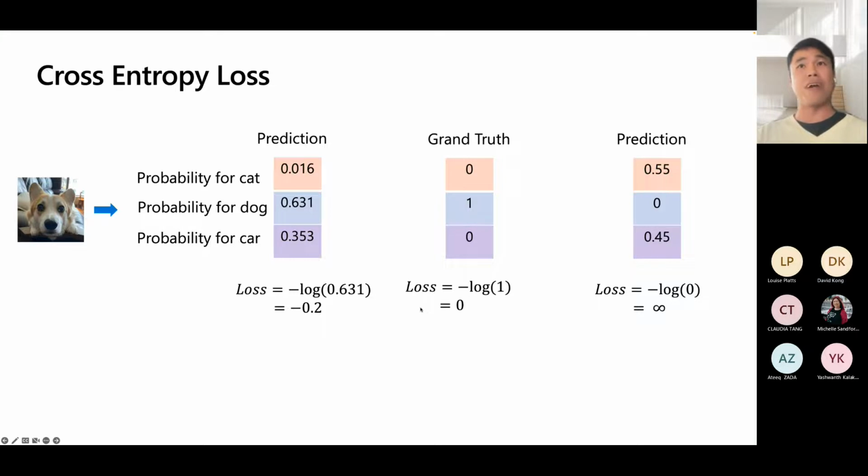That means the model is doing a perfect prediction. On the other hand, if we put 0 on this one, that will indicate a very huge number, that is infinity. That means we're telling the model that it is doing a really bad job, and it should try to improve from that, right? So how can we improve the model?